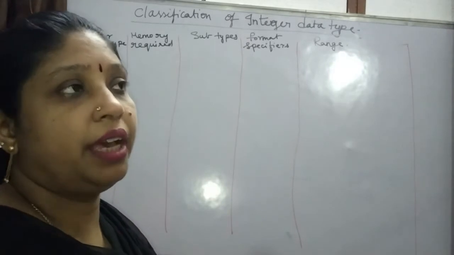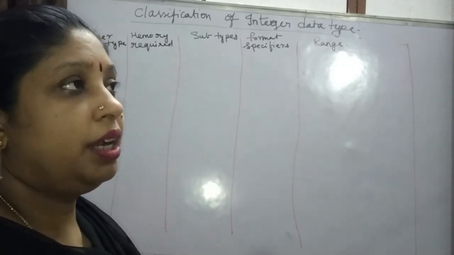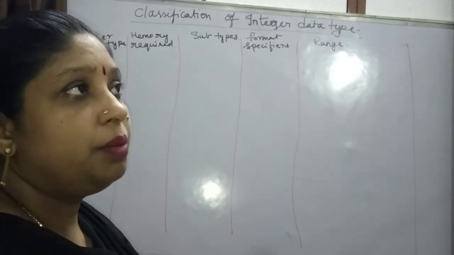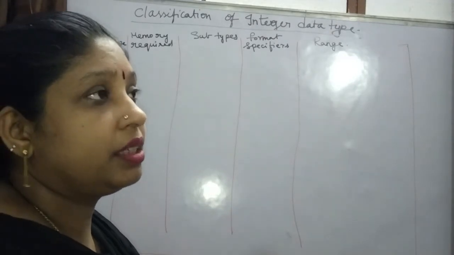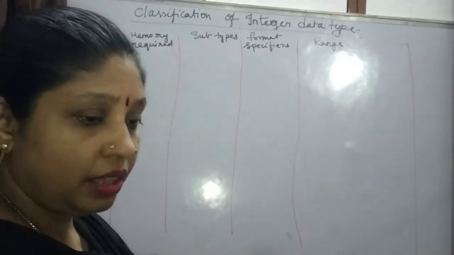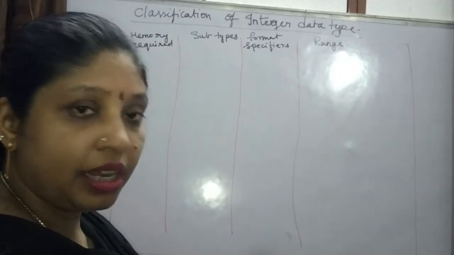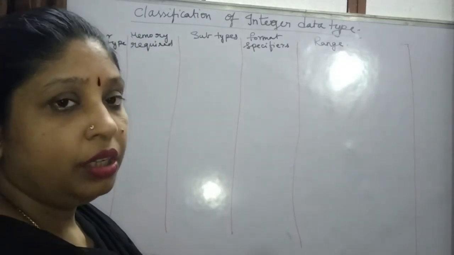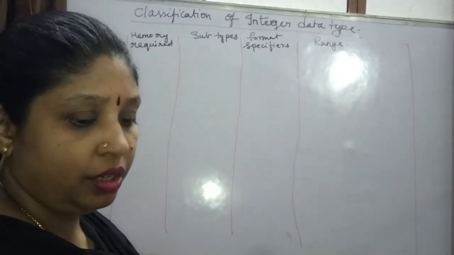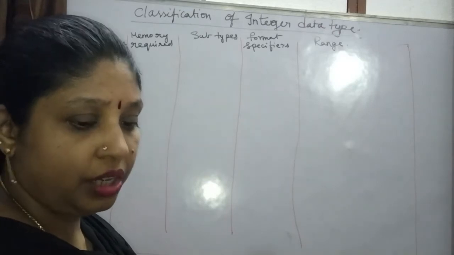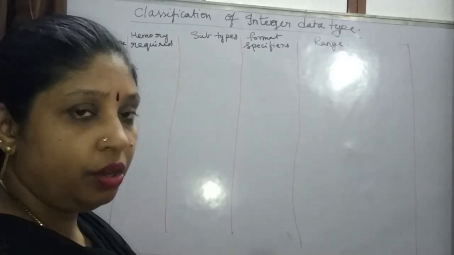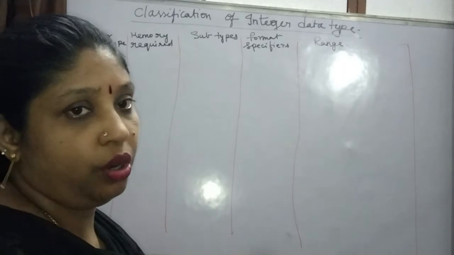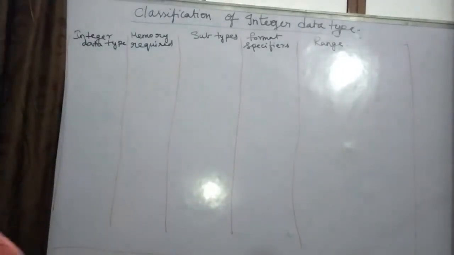Already we have discussed that for the integer data type you have some subtypes, a sub-classification. Under the integer data type you have short, int, long. Okay, understood?